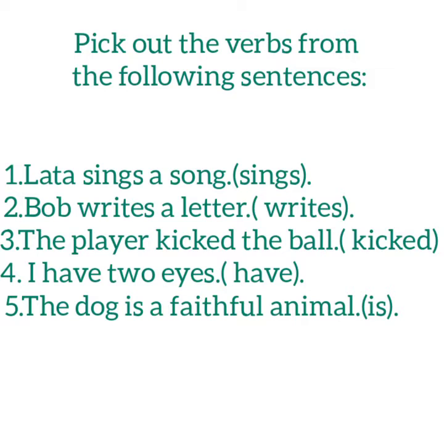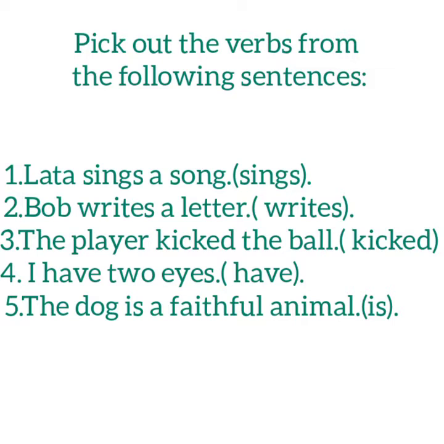Number 2, Bob writes a letter. Here the verb will be writes. Number 3, the player kicked the ball. In this sentence, the action is kicked. So we have to pick out the verb kicked. Number 4, I have 2 eyes. This is a statement.